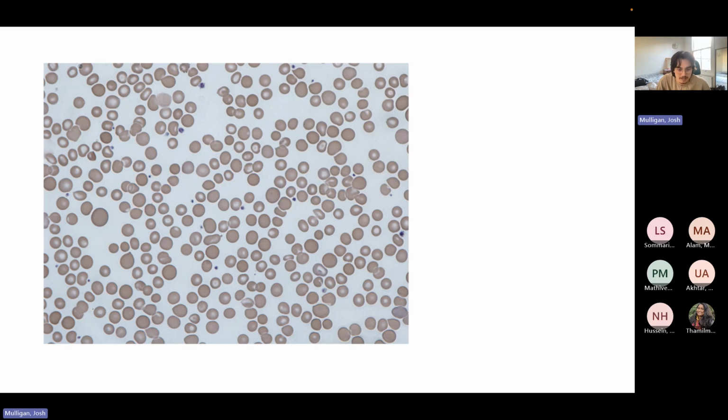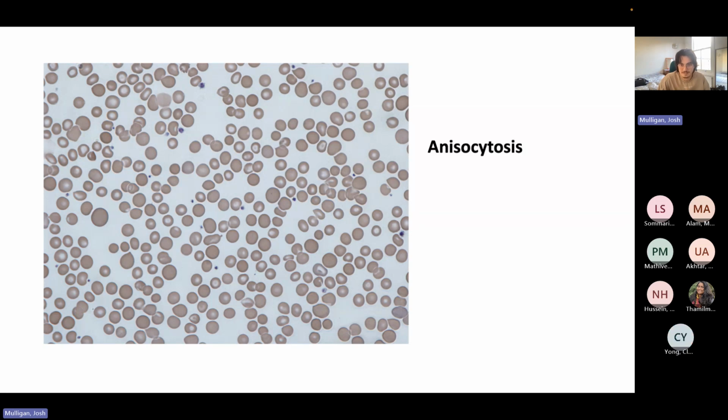And what about this? Are some of the cells too big? Yeah, exactly. This is anisocytosis, which is a really fancy way of saying there's variation in the size of red blood cells.